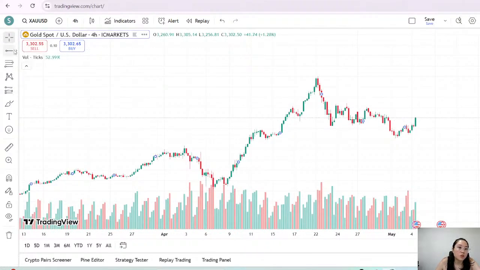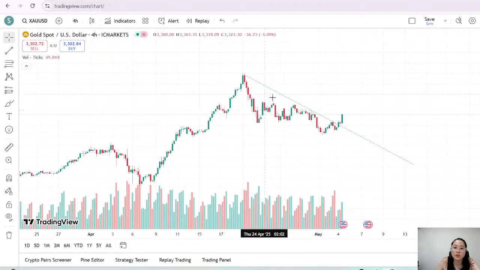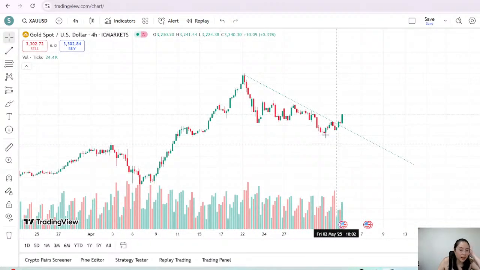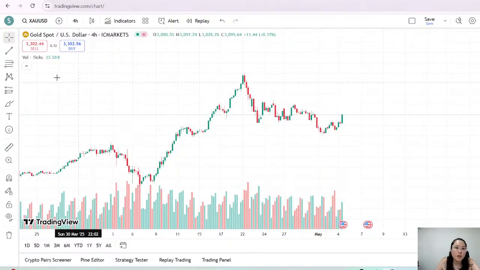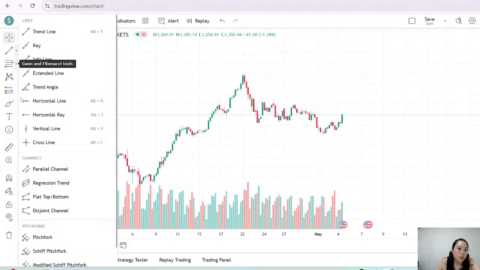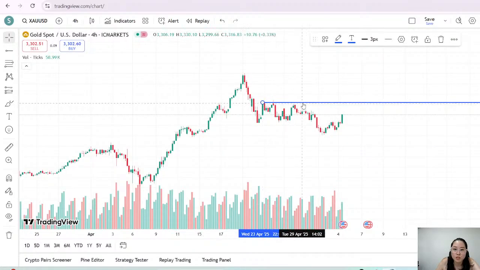Let's go. Always start with a trend line so that you know where the market is going. So it was bearish, as in there was a pullback and then the trend has broken, meaning that it's a possible uptrend now. Okay, so we've got that out of the way. Let's do horizontal. Let's highlight some support and resistance.